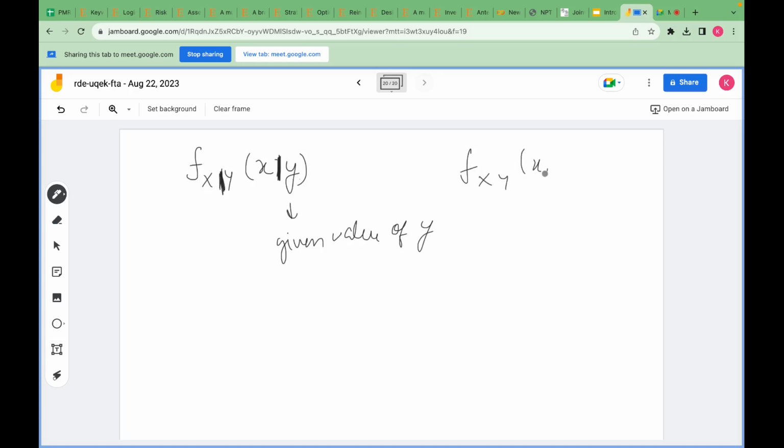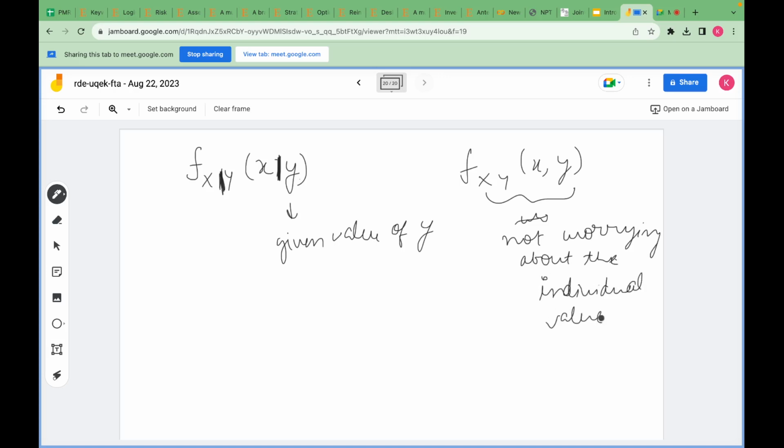Here we are not worrying about the individual value, right? But here this function is for a given value of y.